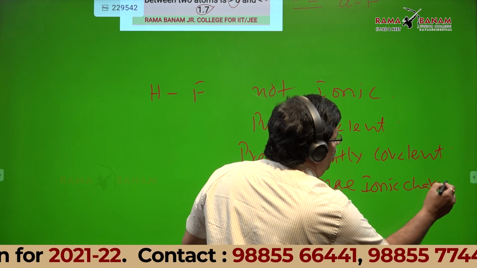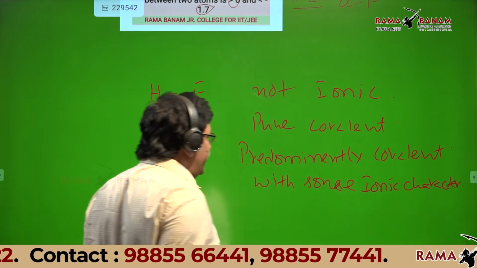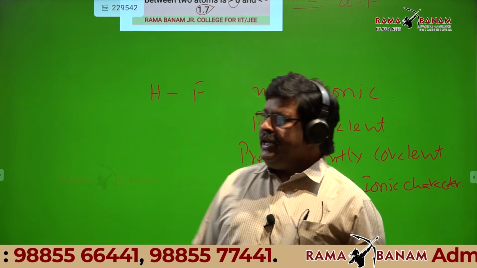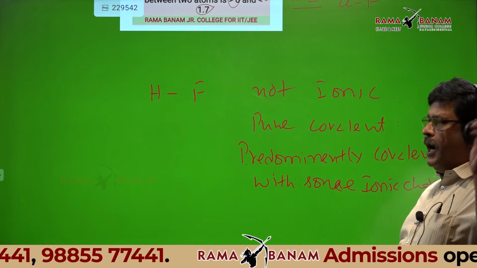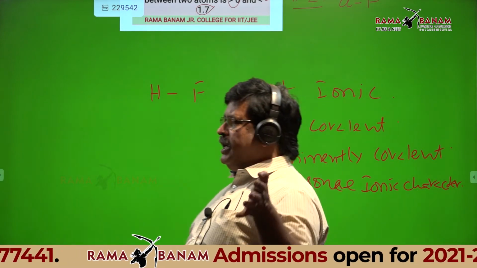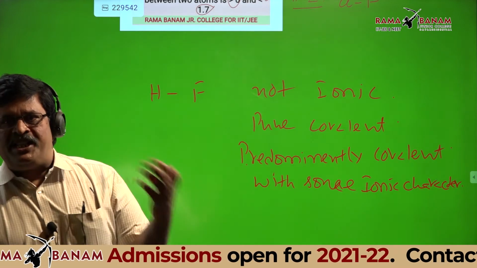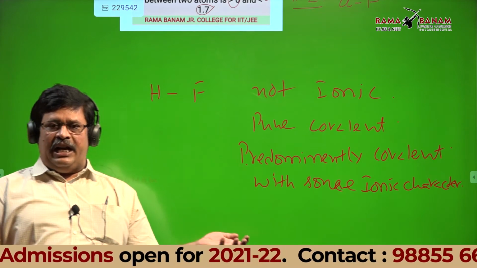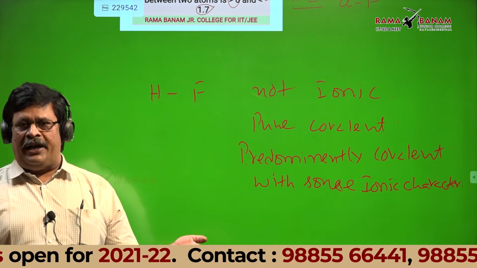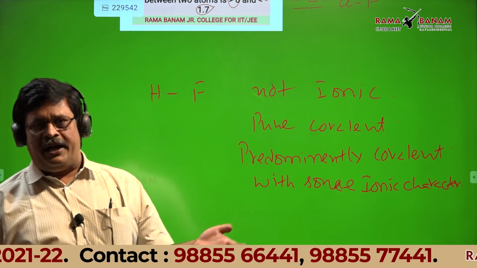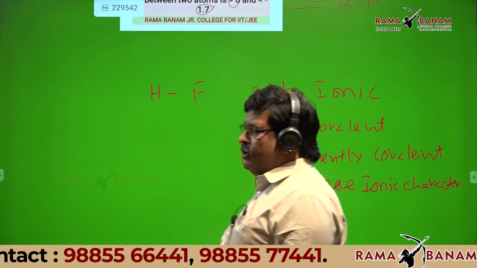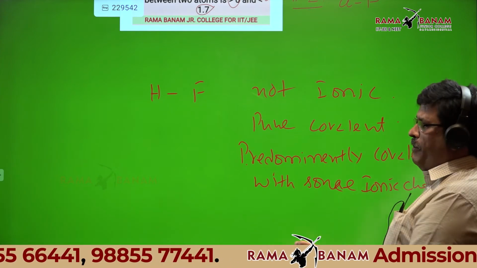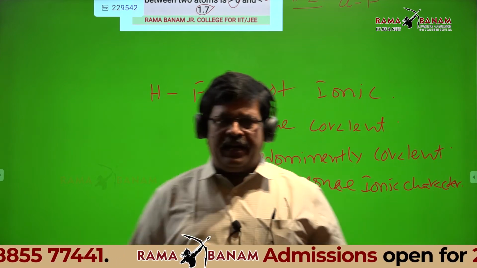This is a polar covalent molecule. What does it mean? It's not pure covalent and it's not ionic. The majority is covalent and there is some ionic character. So polar covalent molecules are considered predominantly covalent with some ionic character.